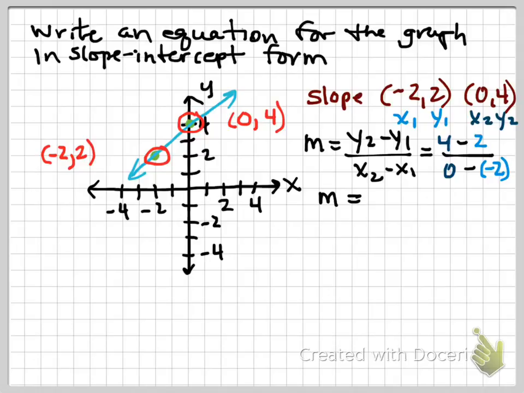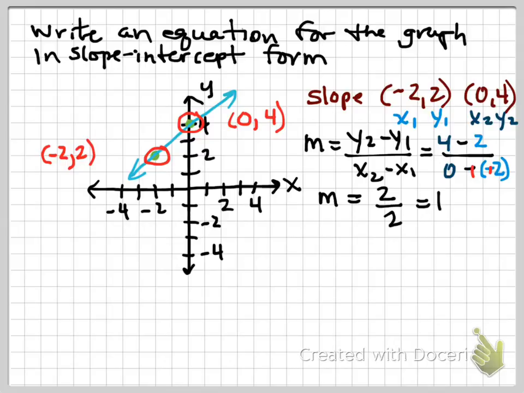So in the numerator, I have 4 take away 2 is 2. In the denominator, I have a double negative. So with a double negative, I can add the opposite, and I end up getting a +2. But I don't leave my slope like that, right? I need to simplify it. And what does 2 over 2 equal? 1.